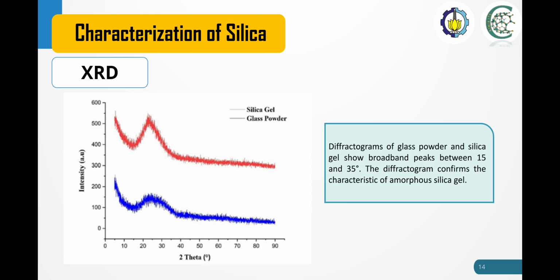The diffractogram confirms the characteristic of amorphous silica gel. The peak intensity of silica gel was higher than that of the initial chemical bottle wash. This indicates that the silica content was higher after the extraction and synthesis process.